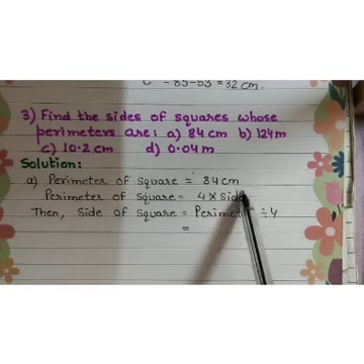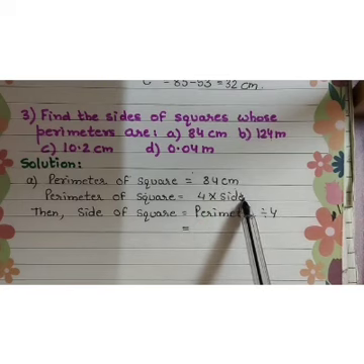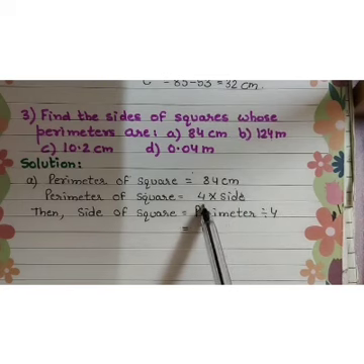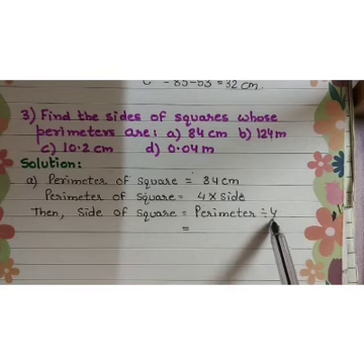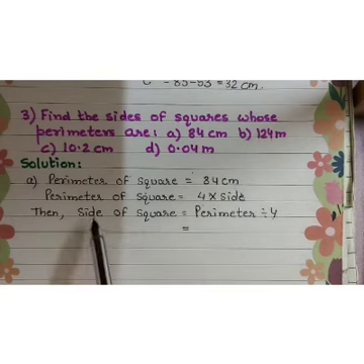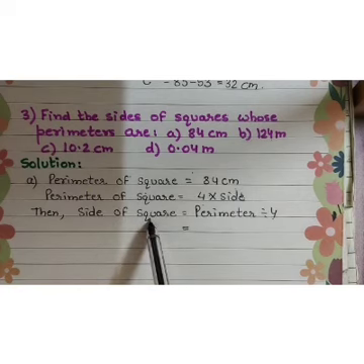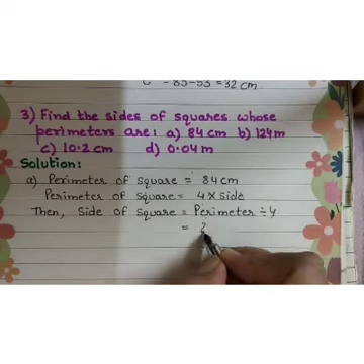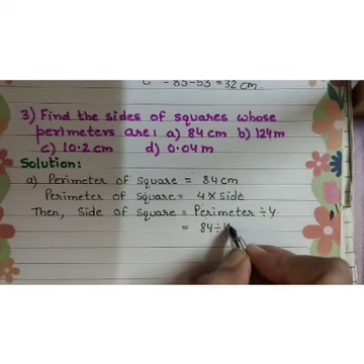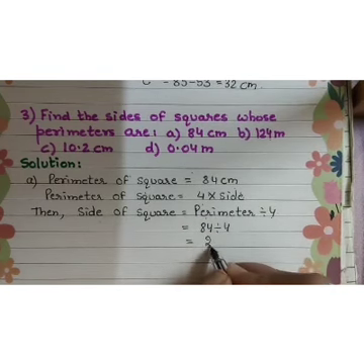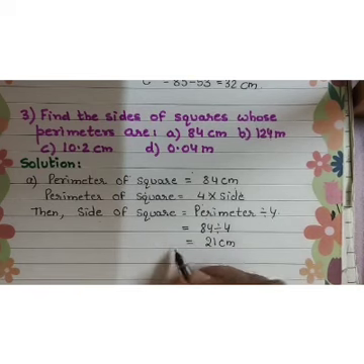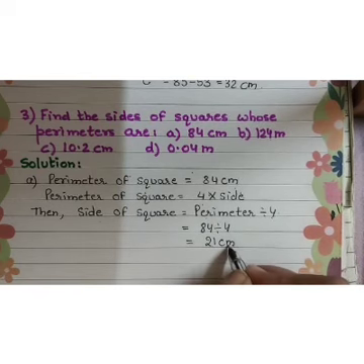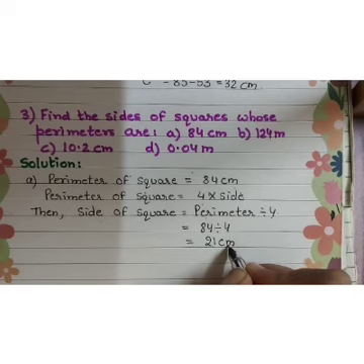And when we have to find the side of square, the 4 multiply operation will shift it to division operation. Therefore, side of square formula will become perimeter divided by 4. On dividing 84 by 4, we get 21 centimeter. Therefore, side of square will be 21 centimeter if perimeter of square is 84 centimeter given.